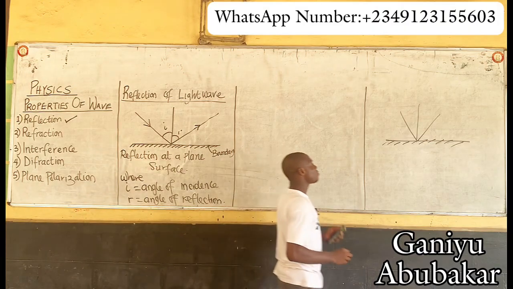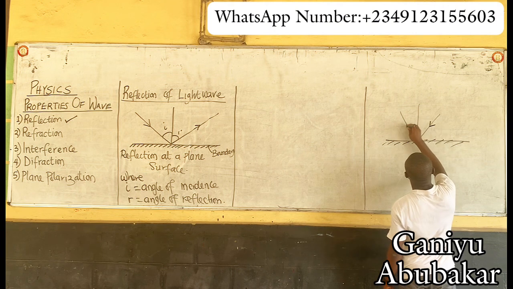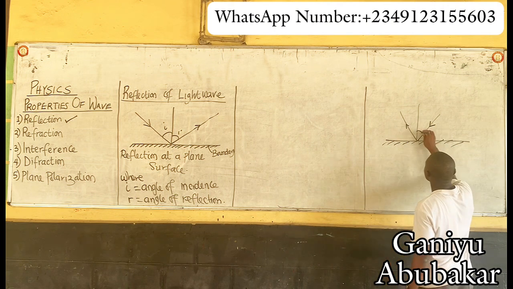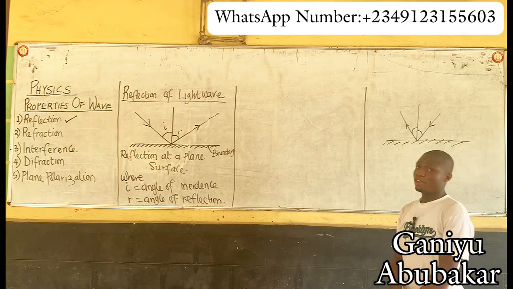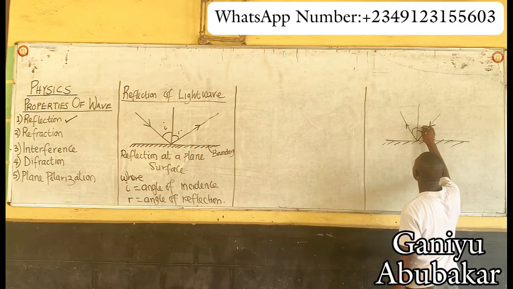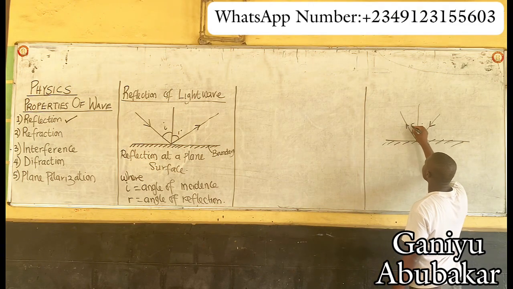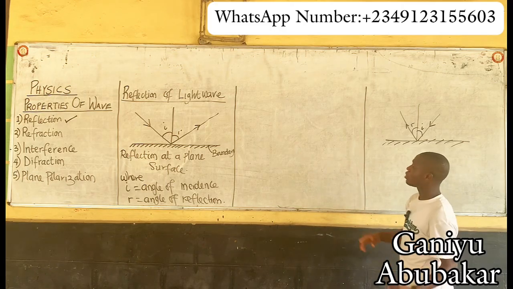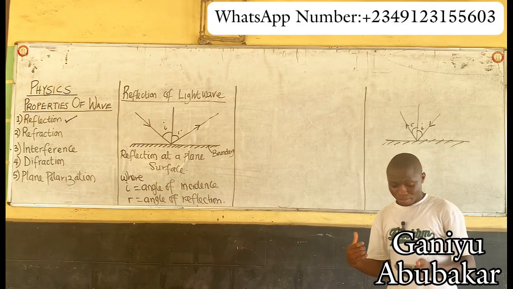If the arrow here is showing inward and here is showing outward, where will my angle of incidence and angle of reflection be? This one is coming in, so it's the angle of incidence. This one is going out, so it's the angle of reflection, because the arrow tells me what I expect to see.